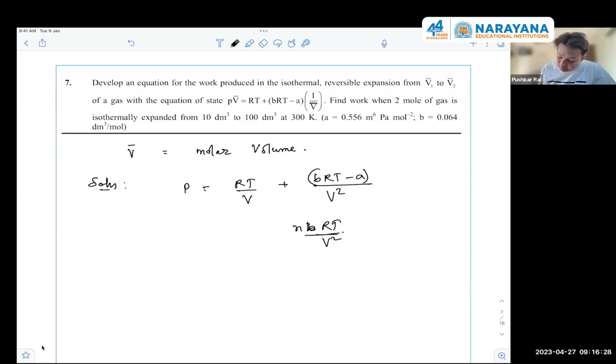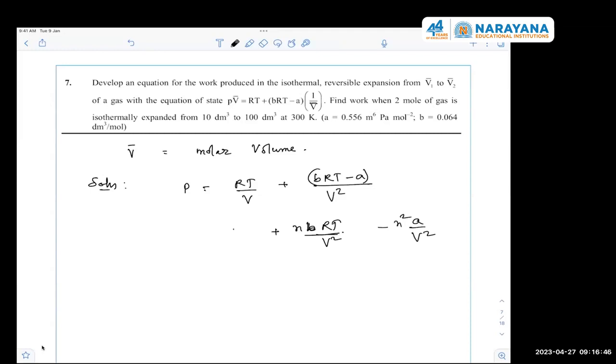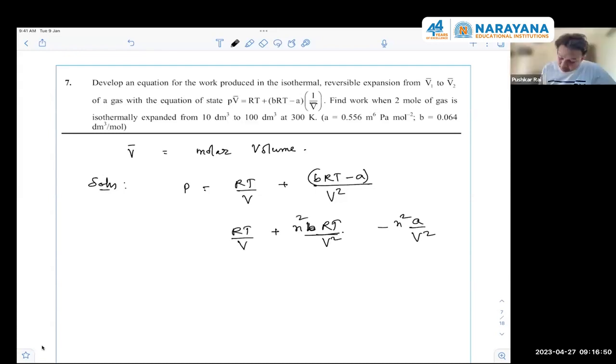Now coming on to this one, minus A by V square, and this A has a unit of liter square, I mean volume square, and pressure and mole inverse. So here it should be n square. Do you agree? So, sir, N square BRT by V square, sir. Here also n square. Yes, yes, sir.